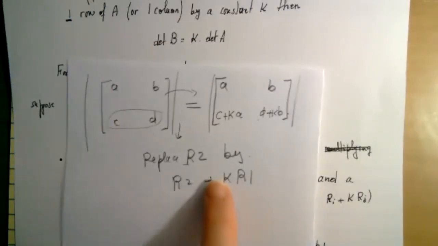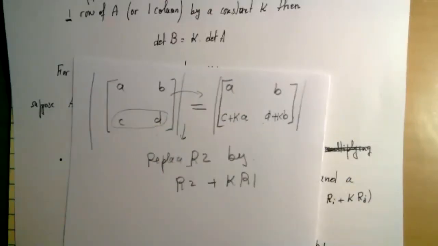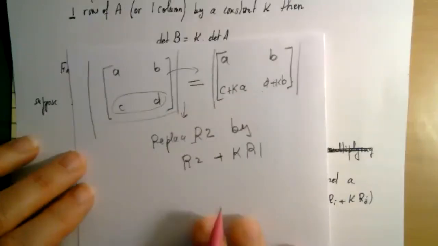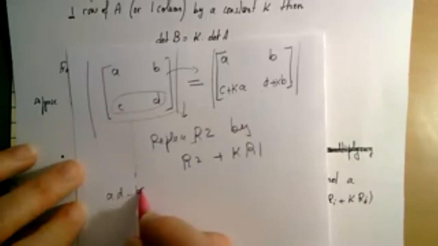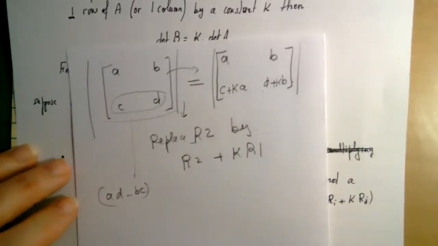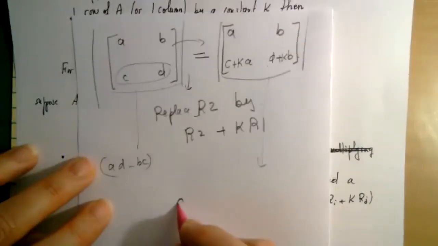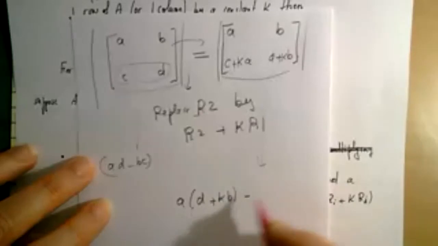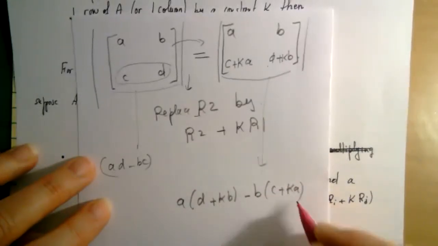So performing this operation will not affect the determinant. The proof is not trivial in general, but for 2 by 2 it is actually easy. If I take this matrix, the determinant is AD minus BC. If I take this matrix, the determinant is A times (D plus KB) minus B times (C plus KA).